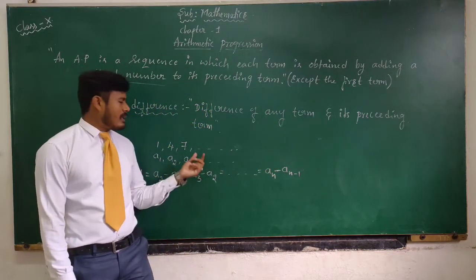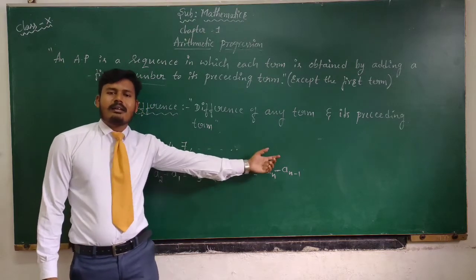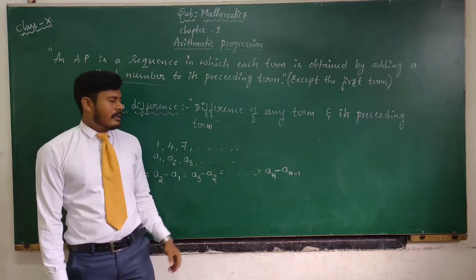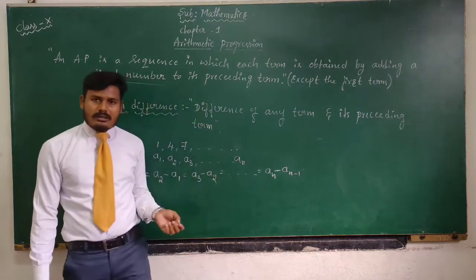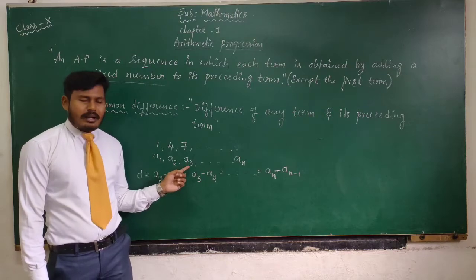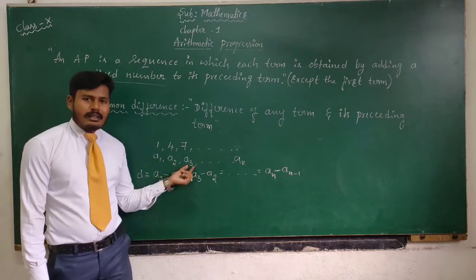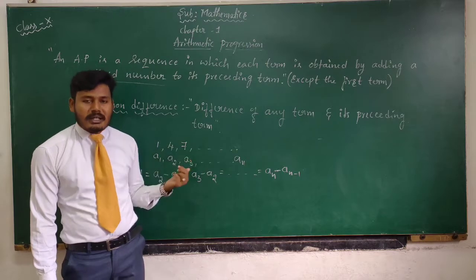I have already told you, suppose you consider any term in the list of numbers present in an AP, that is considered as an, because these suffixes indicate the position of the respective terms of an arithmetic progression.